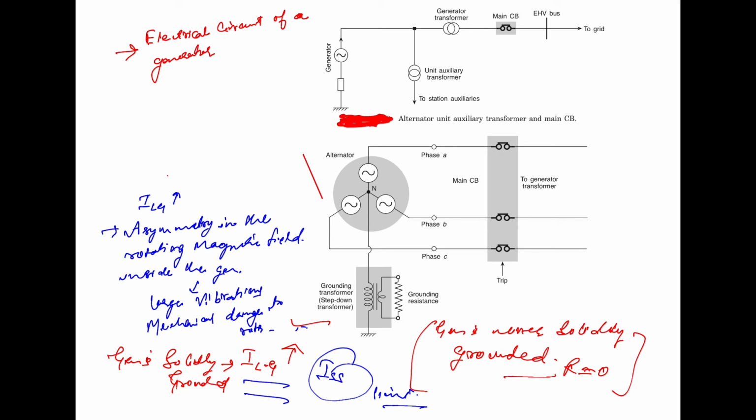Now the power plant has a very large, sizable auxiliary electrical load of its own, and this is of the order of 10% of the power rating of the generator.